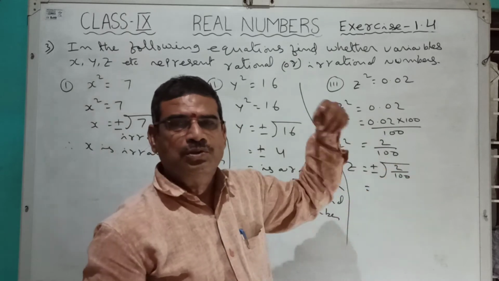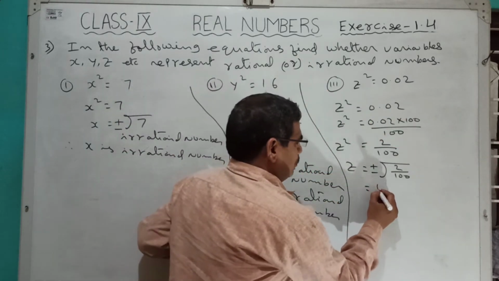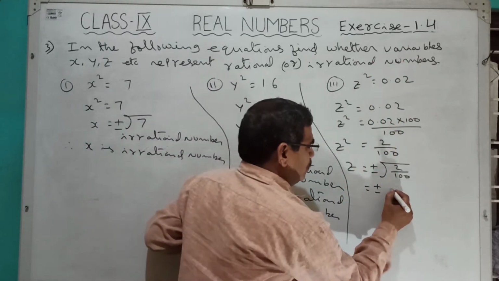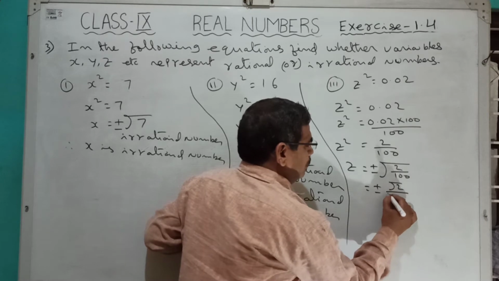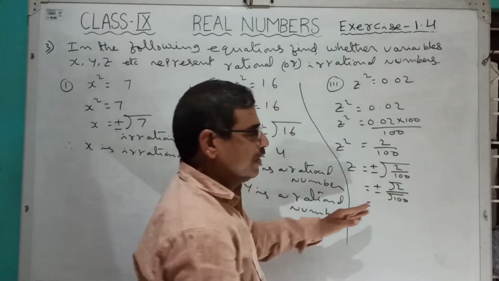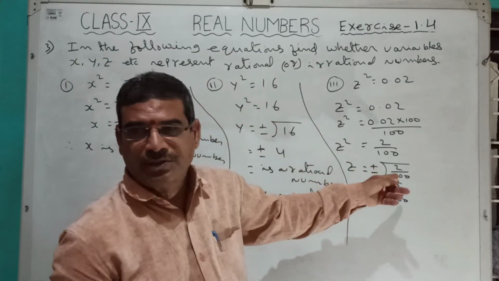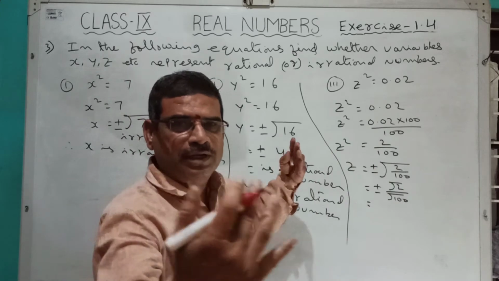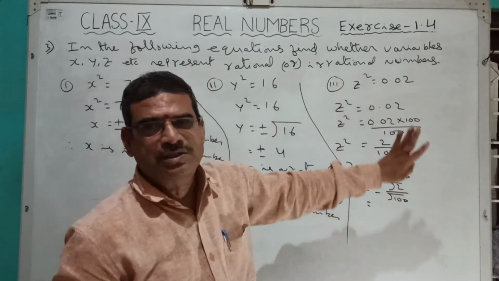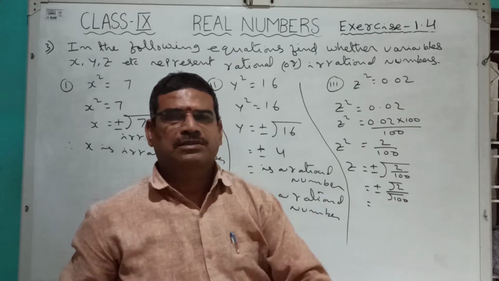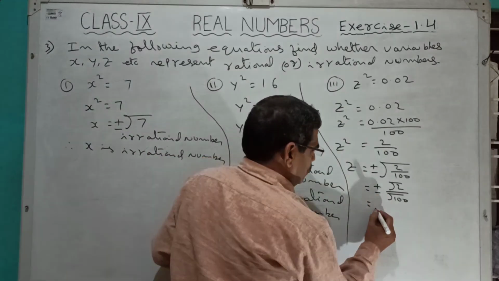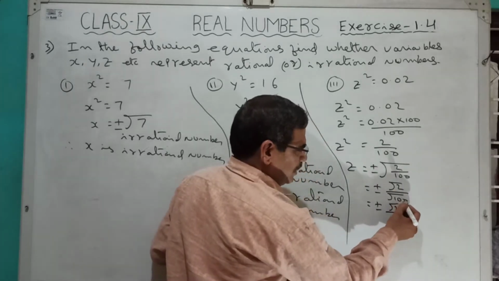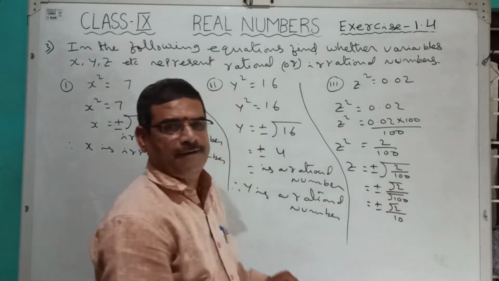For 2, there is no square root value. Plus or minus, this root can be divided into two numbers. So root 2 by root 100, we can write like this. In multiplication and in division, we can split the root or combine the root. In multiplication and division only, not in addition, not in subtraction. So plus or minus root 2 is as it is, no value, but the value of root 100 is 10.